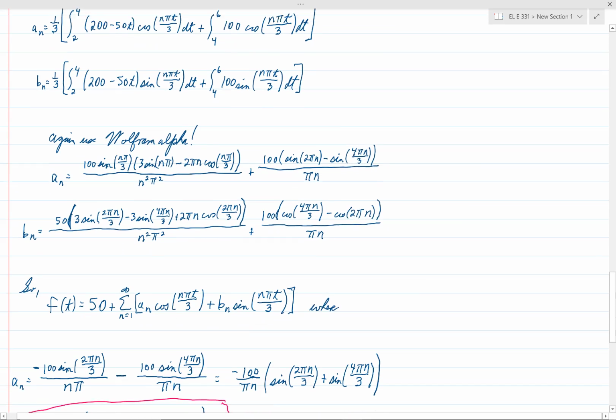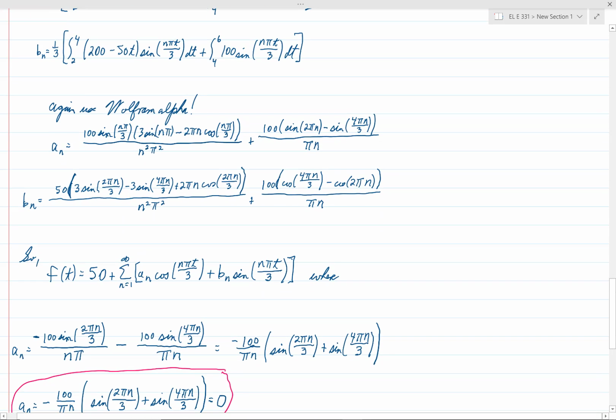And so let's see if we can simplify these things a little bit. Now, pay close attention because it does simplify, so I want to show you how this goes. So f of t, remember, a0 was equal to 50. So f of t is equal to 50 plus the sum n equals 1 to infinity of An cosine n omega naught t plus Bn sine of n omega naught t, where omega naught is pi over 3.